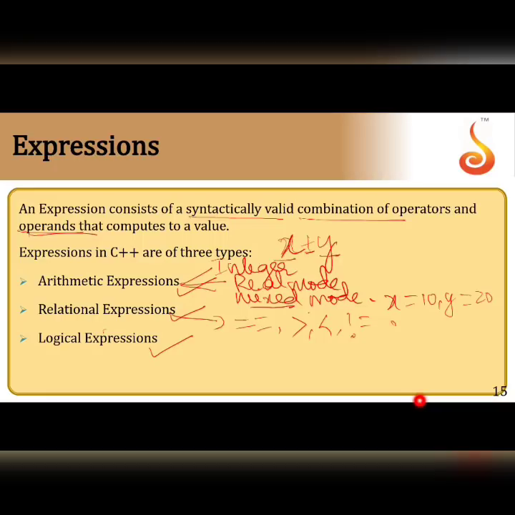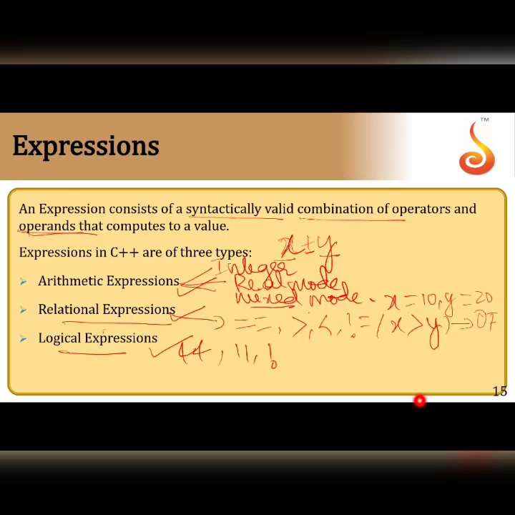So if I say x greater than y, what does it evaluate to? X is 10, y is 20. So 10 is not greater than 20. So it will evaluate to 0, that is false. So relational expressions always evaluate to a true or a false value. Next is a logical expression. We have logical operators: logical and, or and not.